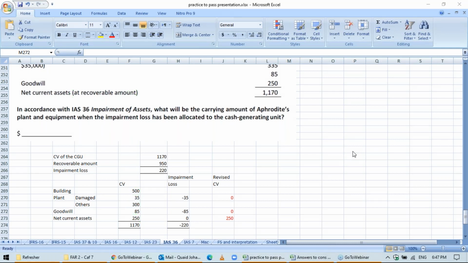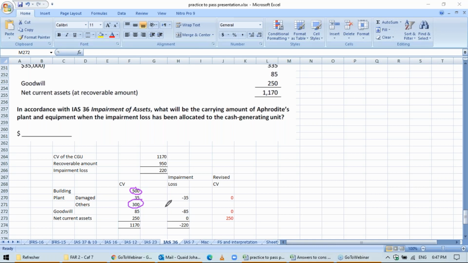Two of them are left, and those two will come in purple. So one is the building and the other is this 300 item, others.